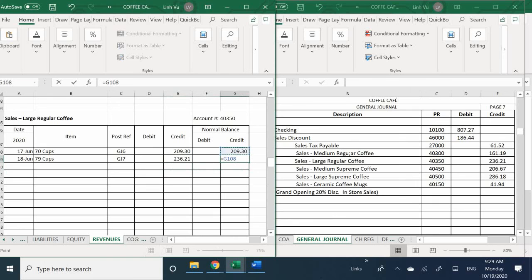Bringing my new balance to be 44551. Okay, there you go.